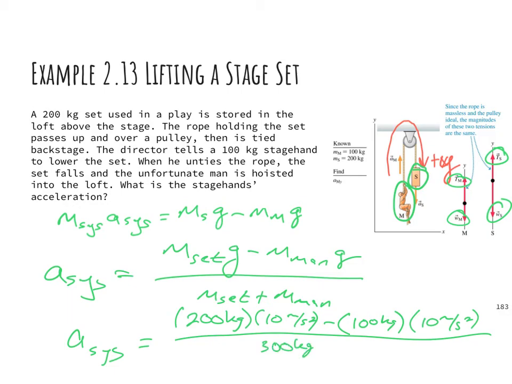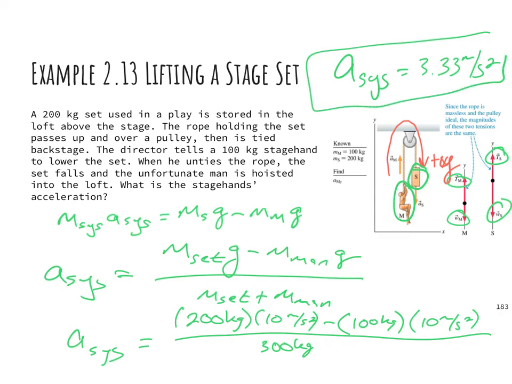So I have 2,000 minus 1,000 divided by 300, and I get an acceleration of the system of 3.33 meters per second squared. Okay, so the system accelerates at a steady or constant 3.33 meters per second squared.